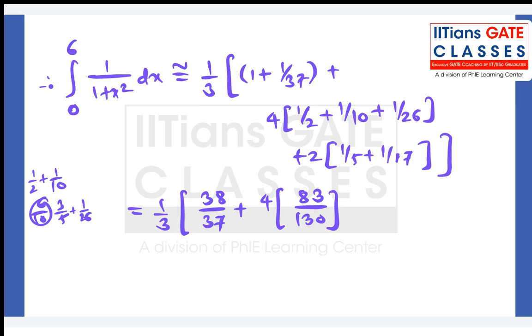And the last one will be 2 into 17 plus 5, that is 22 divided by 17 into 5, that will be 85. And now we have to do the simple maths. You can use the calculator after this step also.